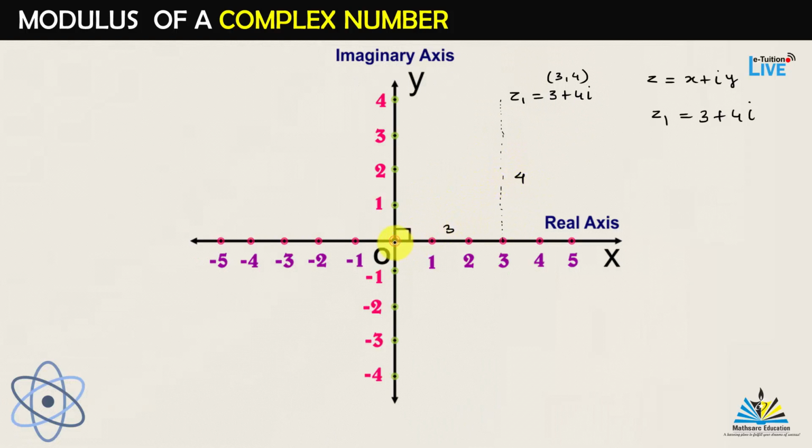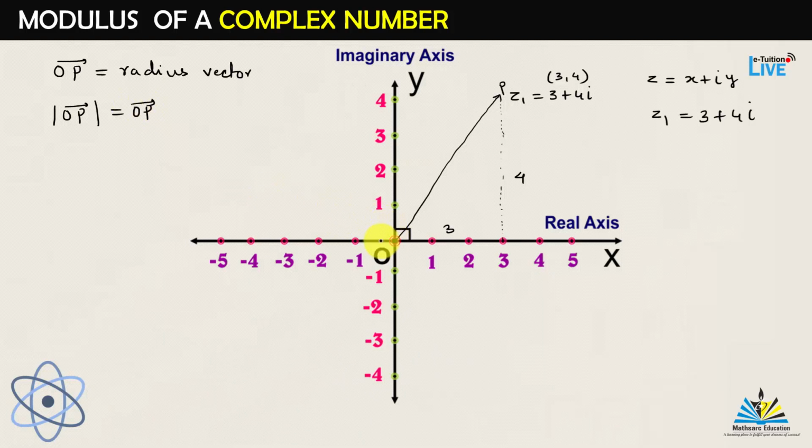Then if we join this line, and let's call this point P, then the OP vector is also called the radius vector. This OP length is the magnitude of the OP vector.